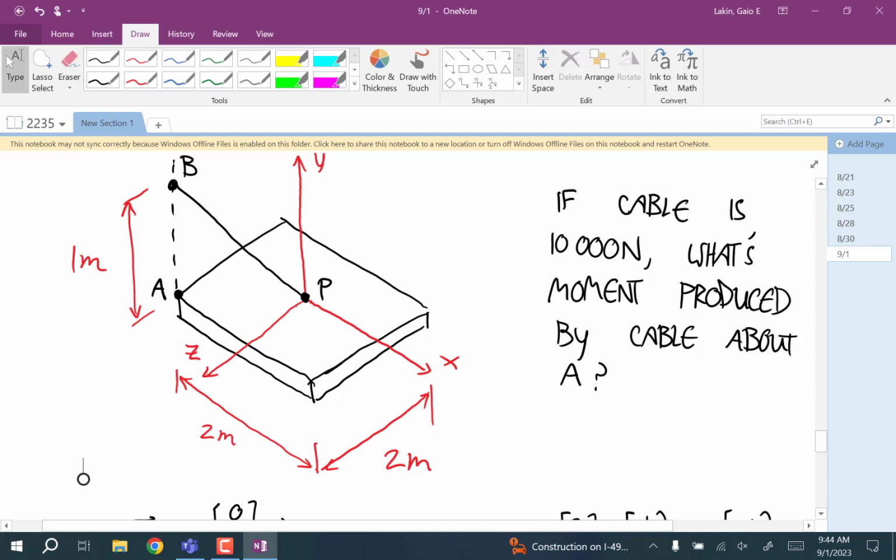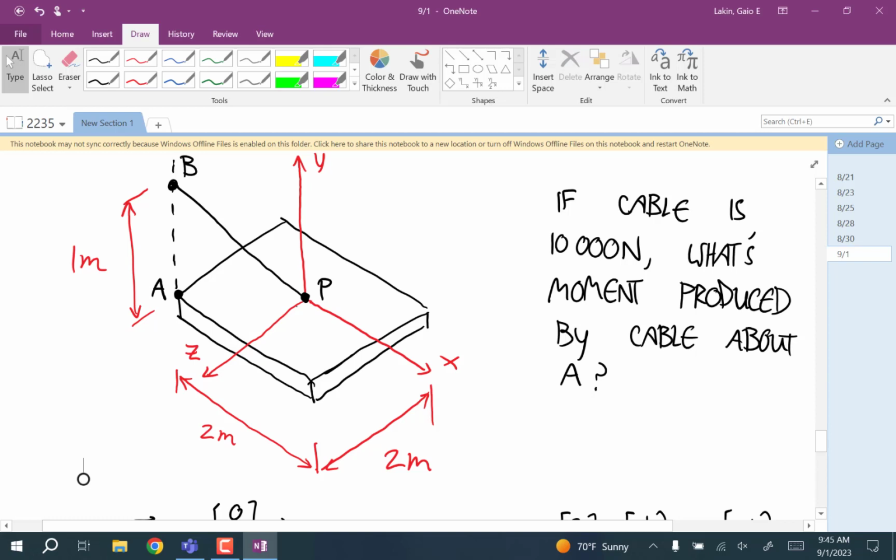So this cable force component has, what does it have? It has an x component that way, right? It has a y component that way, and then a z component that way. So it had 3 components, right? Yeah. So one by one, let's think about the components of that moment vector and compare it to our answers, okay?